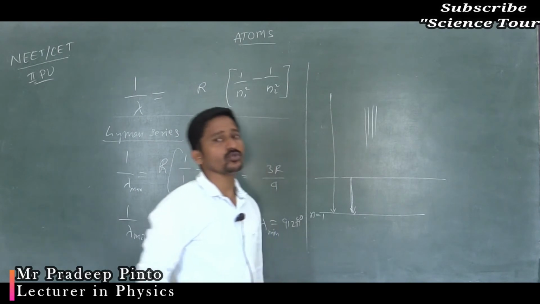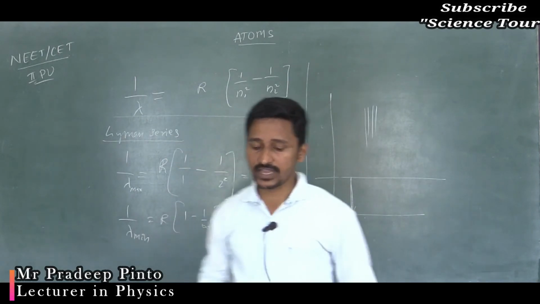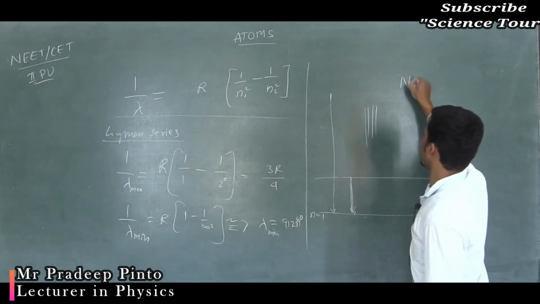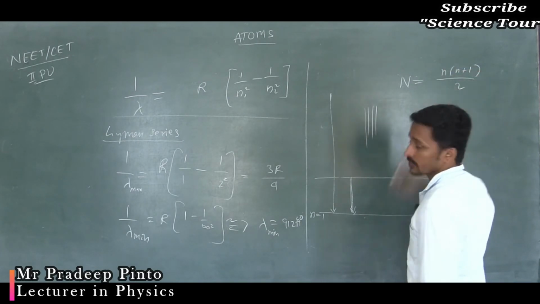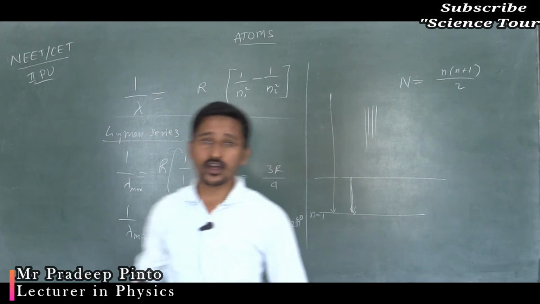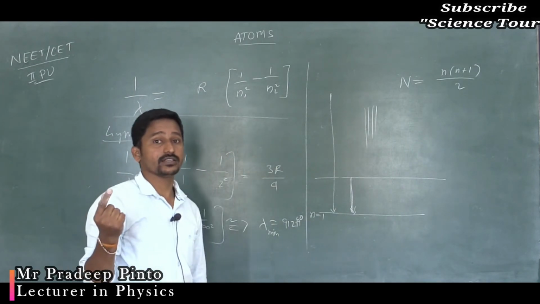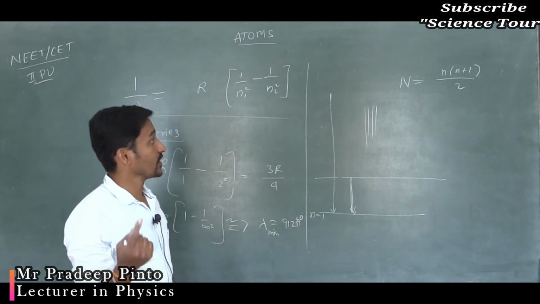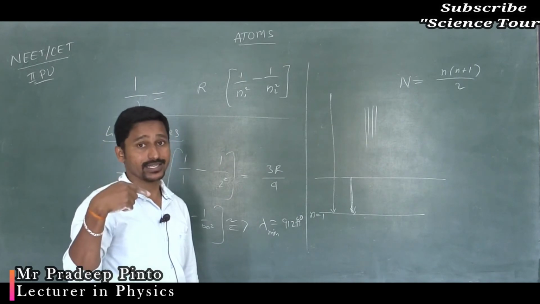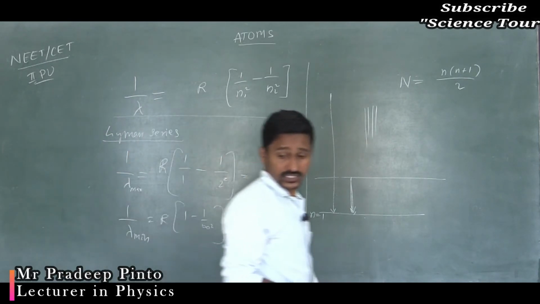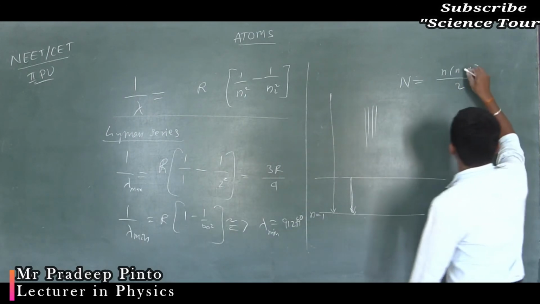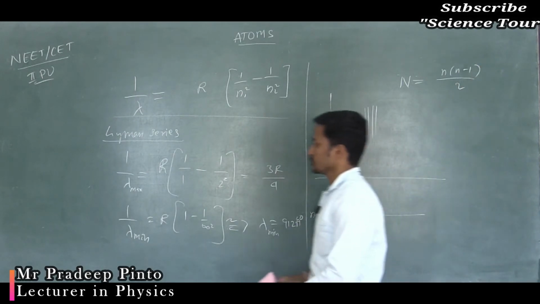Now how do we find the number of lines? That can be written as n into n plus 1 divided by 2, where n is the order from where the electron jumped from the higher excited state to the lower one. So this is n into n minus 1 divided by 2.